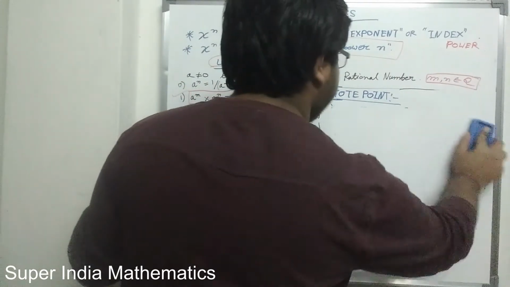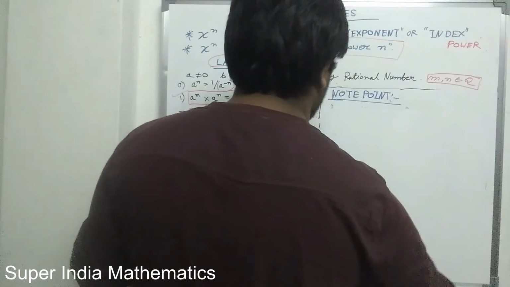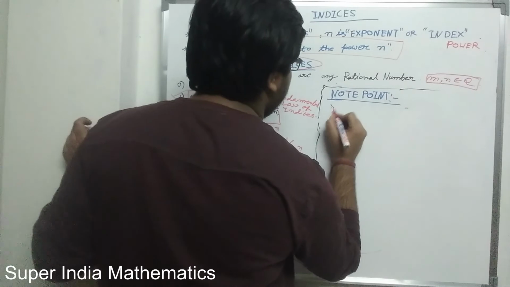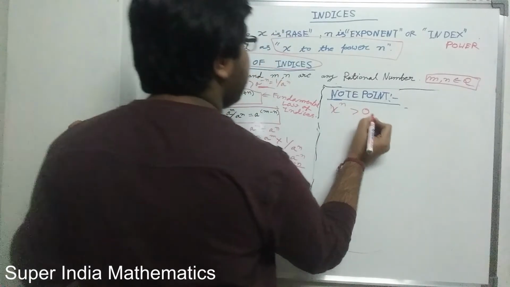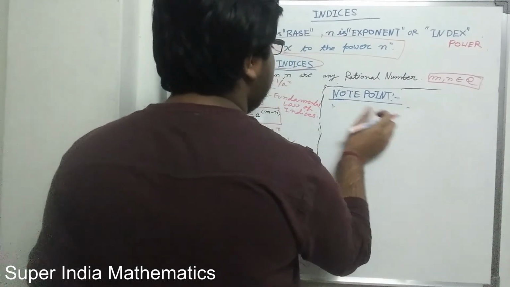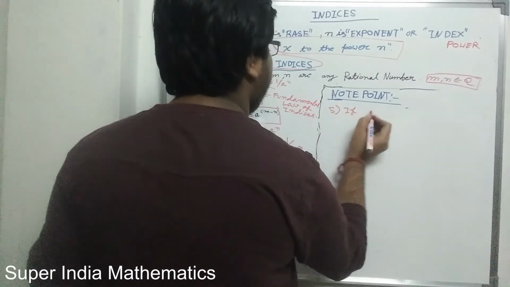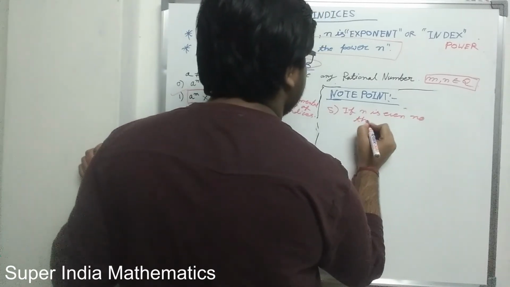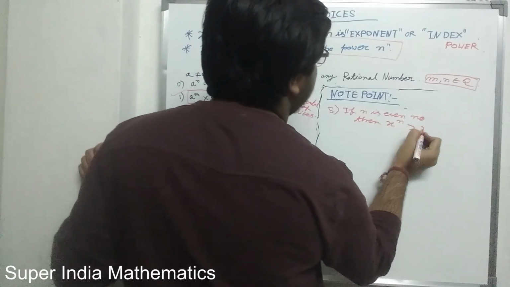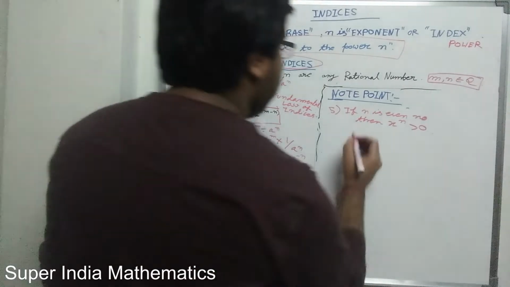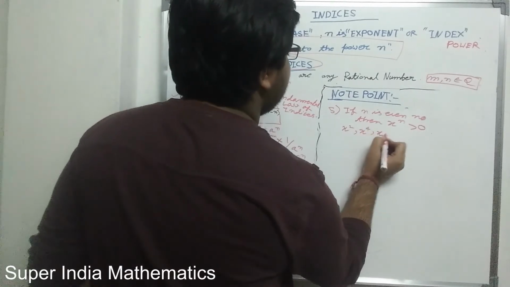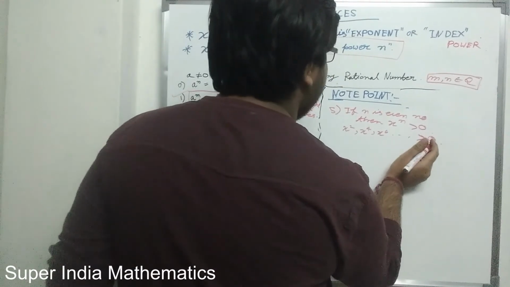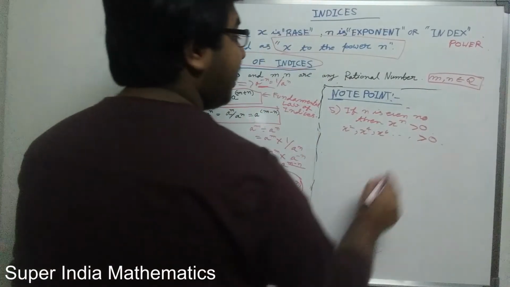Some other note points. The next point is 5: if n is even, then x to the power n is always greater than or equal to 0. If n is even, meaning x squared, x to the power 4, x to the power 6, it is equal to 0 when x equal to 0, and if x not equal to 0, then strictly greater than 0.